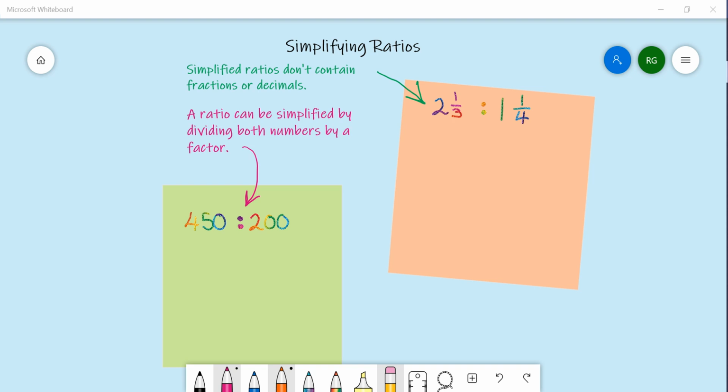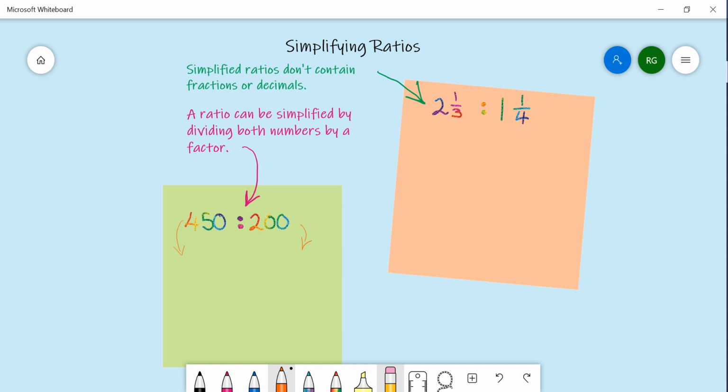Now, ideally, you would find the highest common factor of the two numbers, although you don't need that in order to solve the problem. So in this case, we're going to have a look at simplifying the ratio 450 parts to 200 parts. Now, it doesn't matter what you divide them by, provided the number is a factor of both.